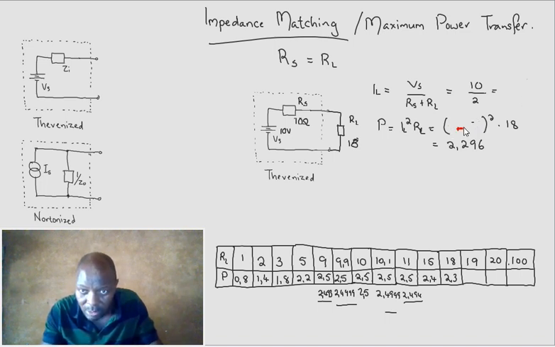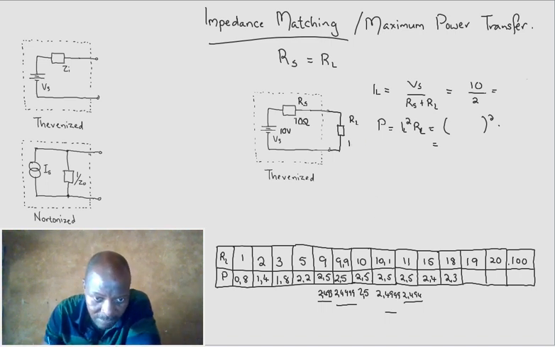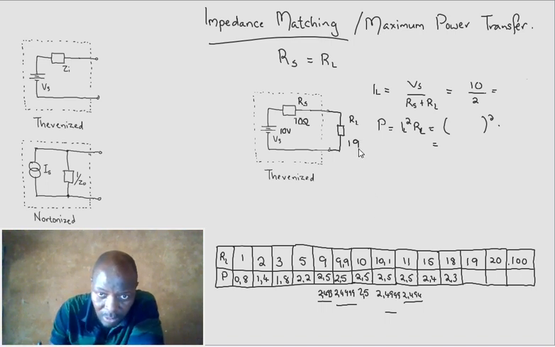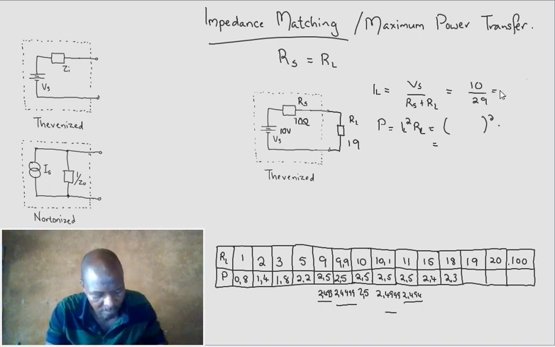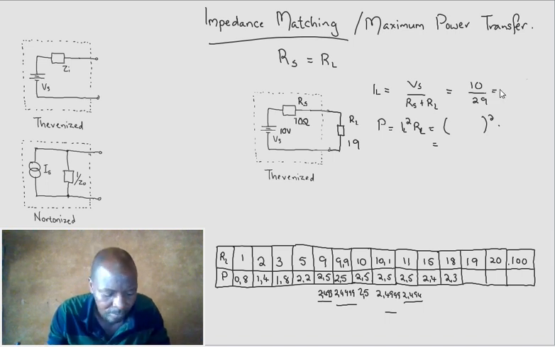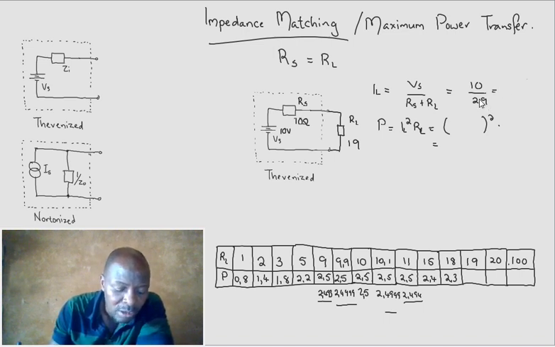And that's 19. All right, so if we're at 19, this will be 10 and 19. That will be 29. 10 over 29 is 0.344, 0.345 if you round off.